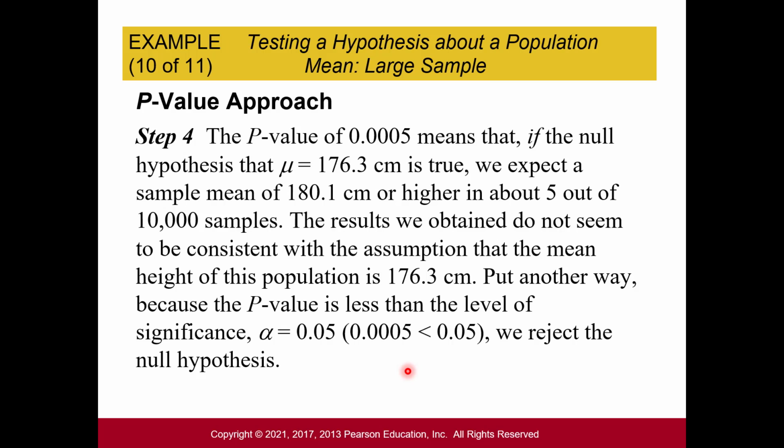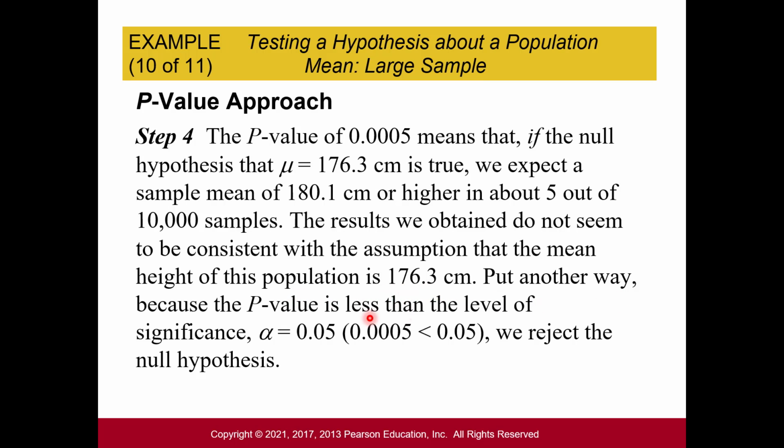We already actually know from our classical approach, but because of our p-value of 0.0005, that means that if the null hypothesis is true, we expect the sample mean of 180.1 or higher in about 5 out of 10,000 samples, because this is 5 10,000s up here. And so the results we obtain do not seem to be consistent with the assumption that the mean height of the population is actually 176.3.